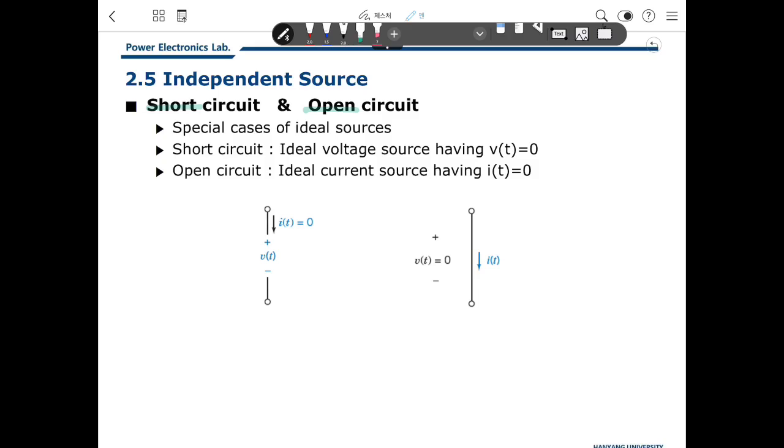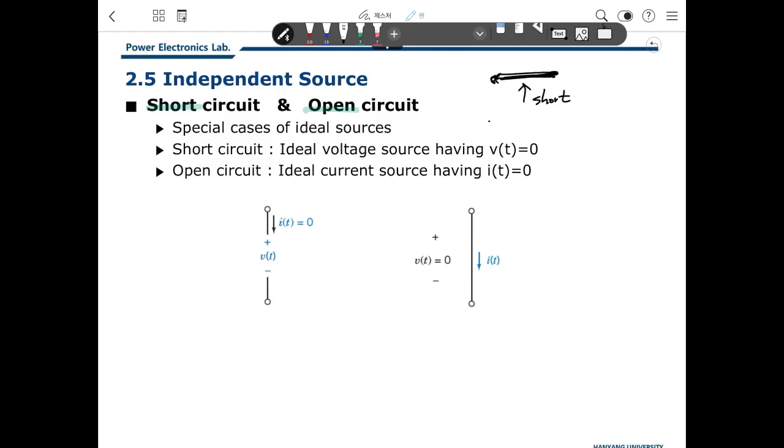That means the potential of that point and that point is the same. Then you can use this as one line. That means between the 2 points there is no potential difference. So this is connected at the same potential at 2 points, and you can say this is a short.